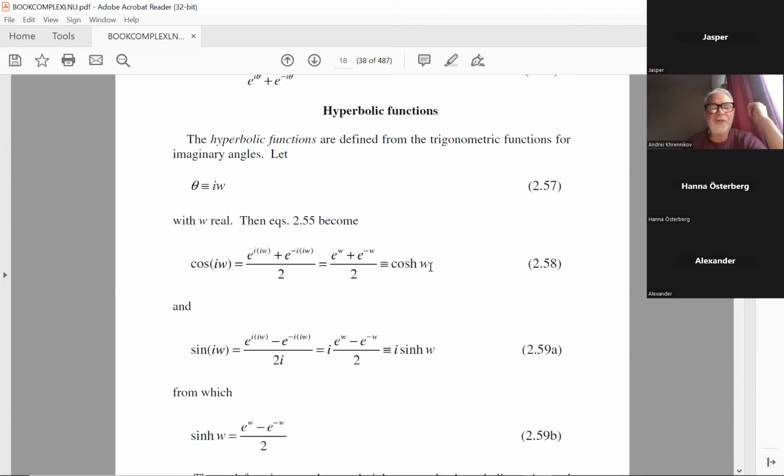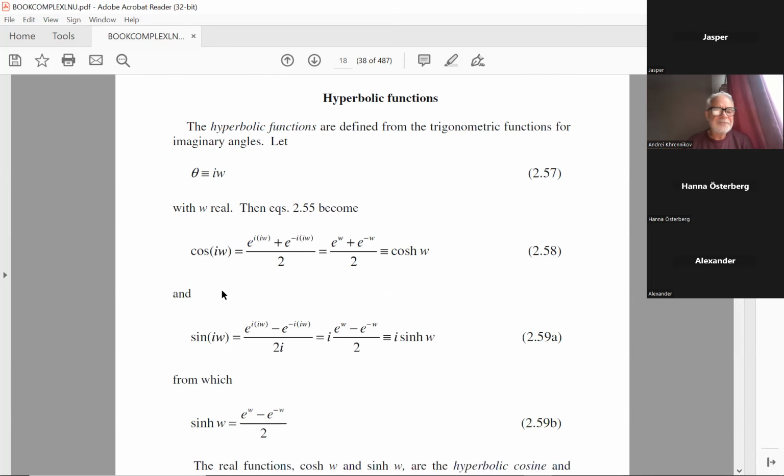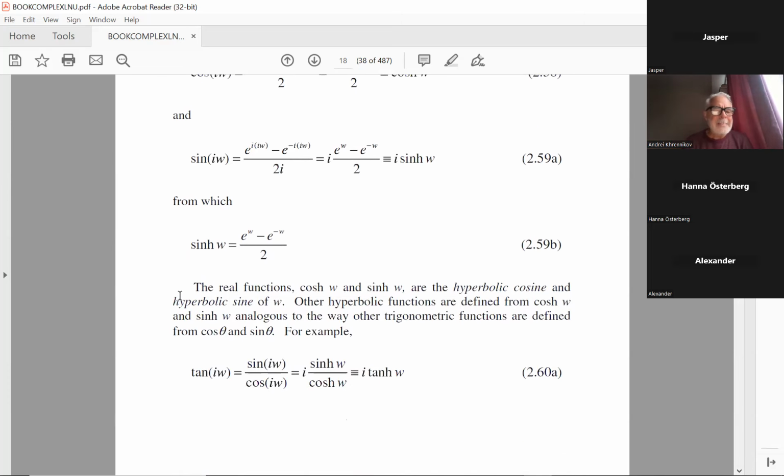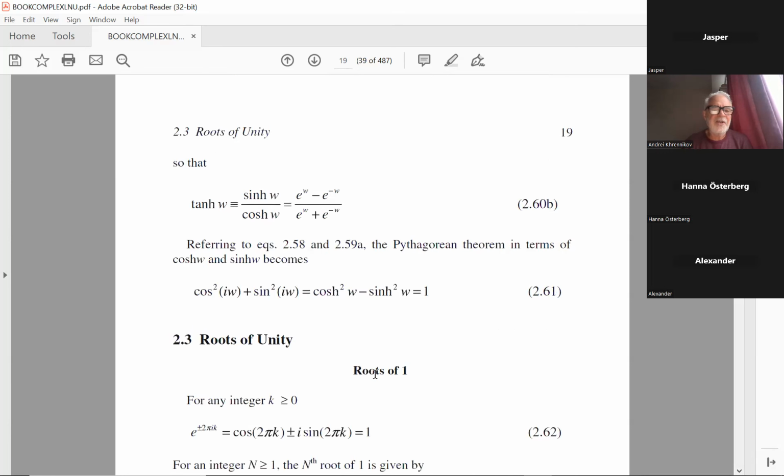Maybe therefore we denote hyperbolic cosine as cosh, because it's cosine. In the same way we have an equality for hyperbolic sine, here is i, and also for hyperbolic tangent. So this is the connection between trigonometric and hyperbolic functions in the framework of complex analysis.